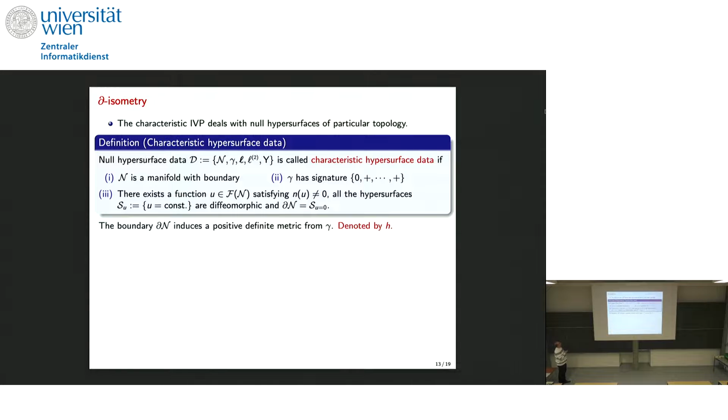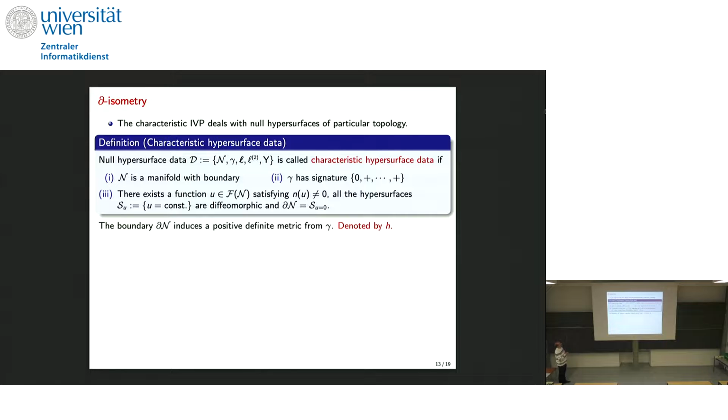So I'm assuming now that I have a manifold with boundary, that I have the right signature, so it's 0 plus plus 1, plus plus plus 1, 0 plus plus plus. And I'm also assuming that I have a function u which defines the boundary and which defines also a foliation of the manifold n by sections.